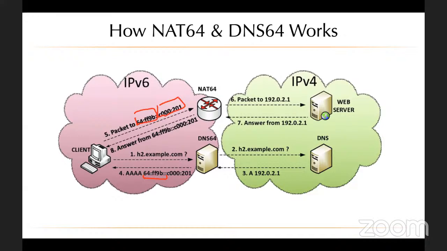Translate the headers, remember what we talked about, translate the headers and then translate the addresses and send the packet to the server. Then the answer, the reverse happens, comes back as V4. The NAT64 is going to translate the headers, translate the addresses, and then send back the packet as an IPv6 packet. So essentially, that's how NAT64 works in combination with DNS64, but it has pros and cons, right?